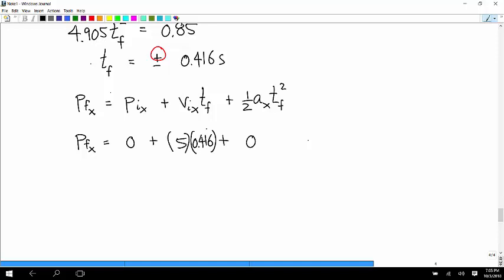And so that is 64. I can't do that. Okay, so PFX is 2.08 meters.